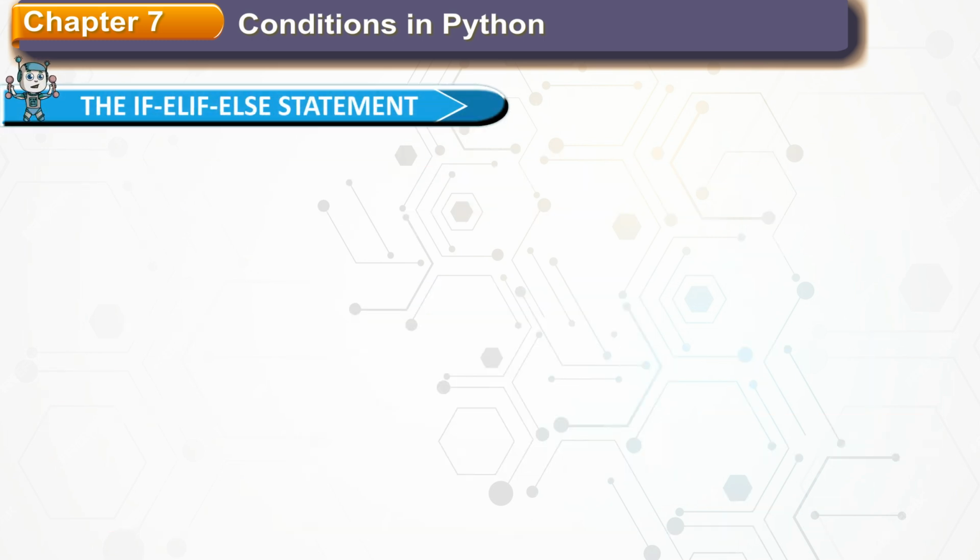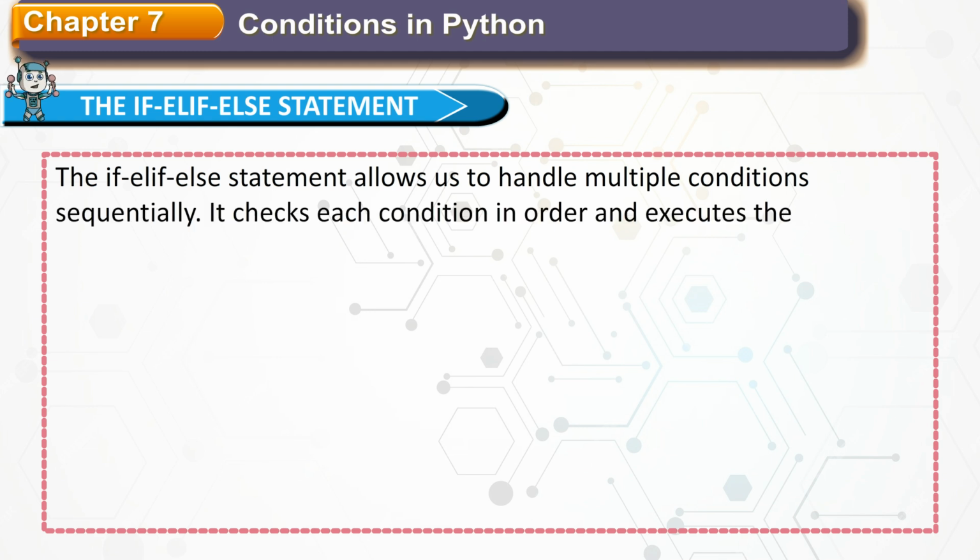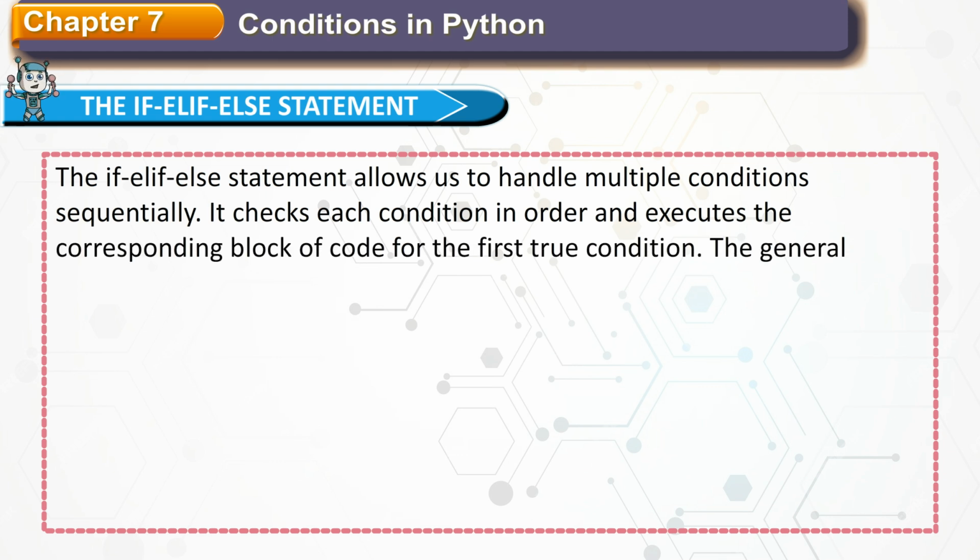The if-elif-else statement. The if-elif-else statement allows us to handle multiple conditions sequentially. It checks each condition in order and executes the corresponding block of code for the first true condition.